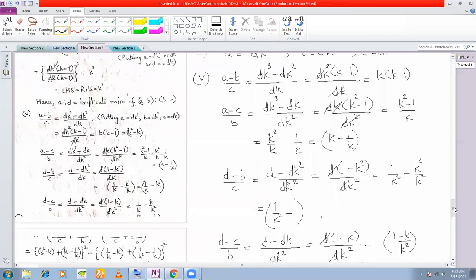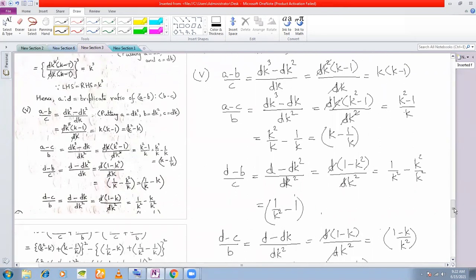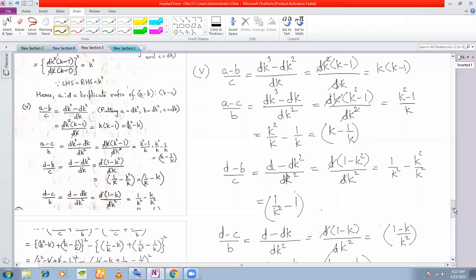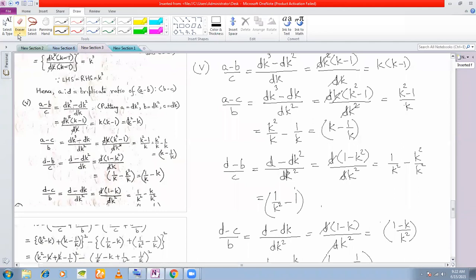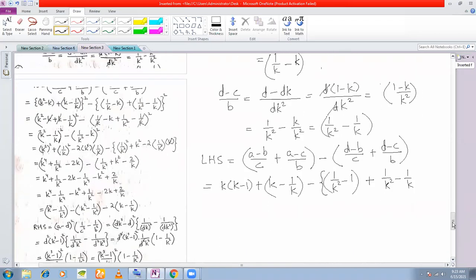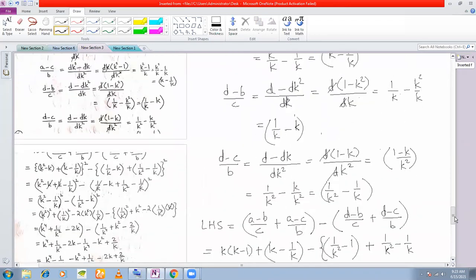A minus c by b. This is c is dk. This is dk. So this value should be 1 by k minus k. We change here accordingly. 1 by k minus k.